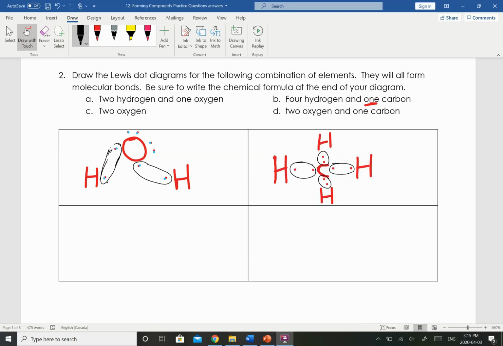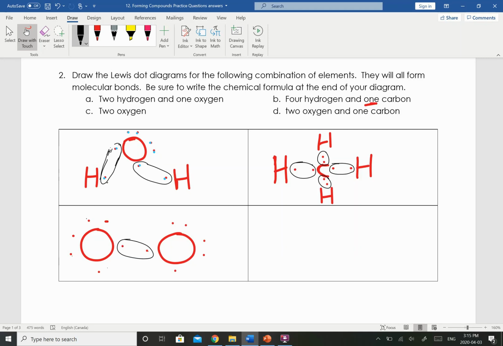So C, we have 2 oxygens. So this is when we see a double bond, which is always interesting. So the first one we're going to do just like we've been doing. Whichever electrons are by themselves, let's pair them up. So now we can go through and count how many electrons does each oxygen see. Should be 1, 2, 3, 4, 5, 6, 7.